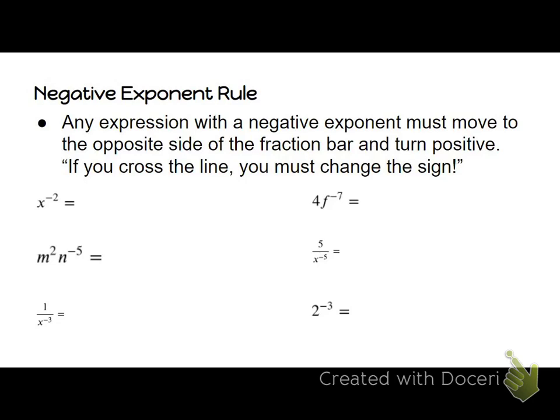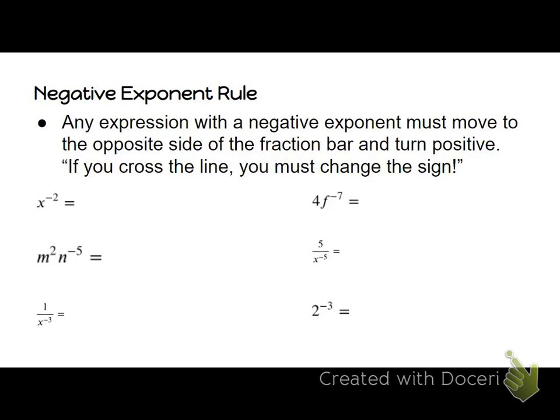Okay, now this is where things get complicated. Okay? So negative exponent rule. I know, we have to throw this at you now. Any expression with a negative exponent must move to the opposite side of the fraction bar and turn positive. If you cross the line, you must change the sign. Okay?